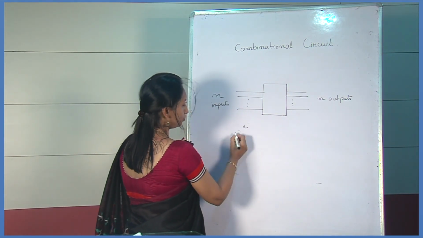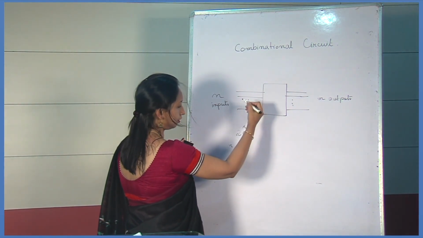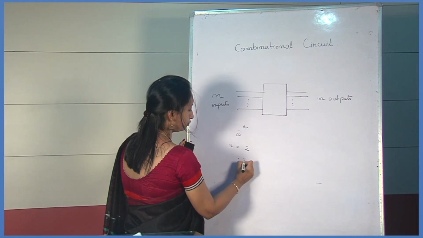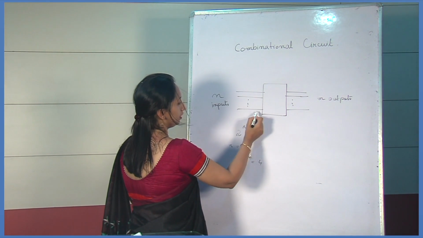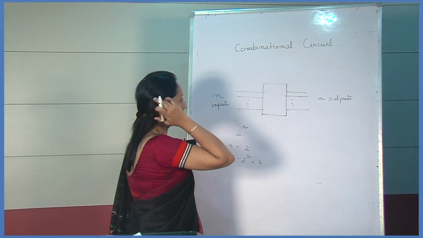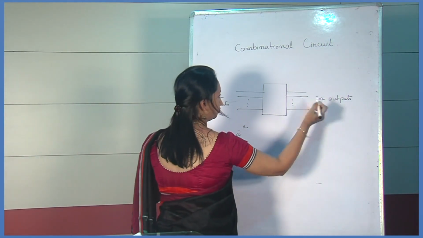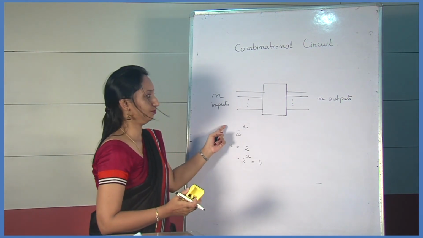Suppose n equals 2, then the total possible combinations will be 2 to the power 2, equal to 4. So 4 input combinations will be there, and there will be m outputs. So the output depends on the present inputs.